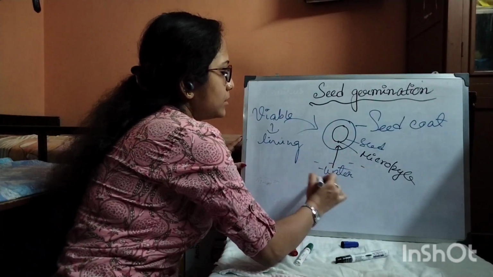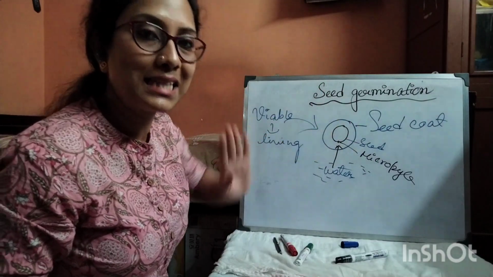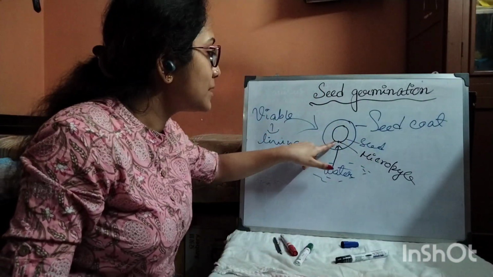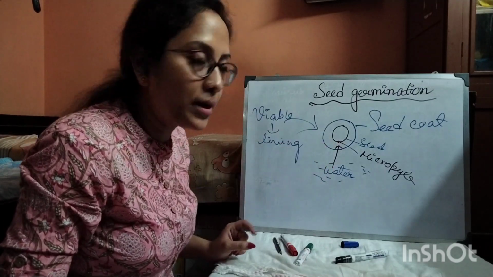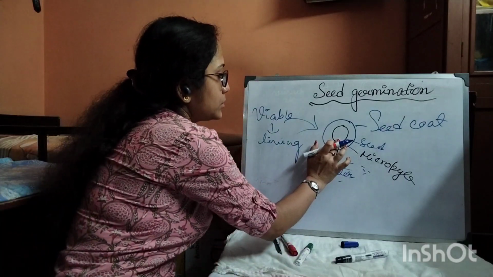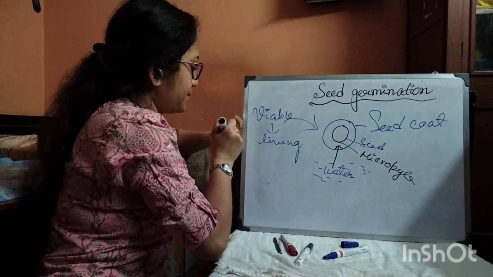I hope I can make you understand. Think that this is a medium where the seed is kept, and outside of the seed there is water, and from that particular pore present in the seed, which is termed as micropyle, water will get entry into the seed. Sorry, this is not here.